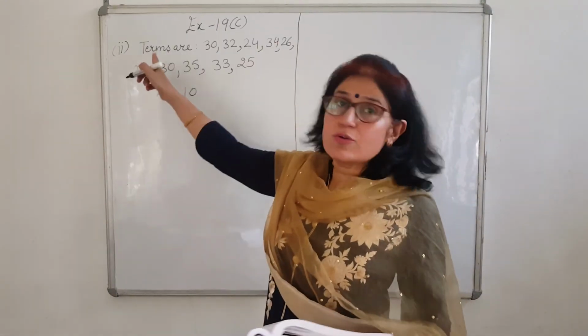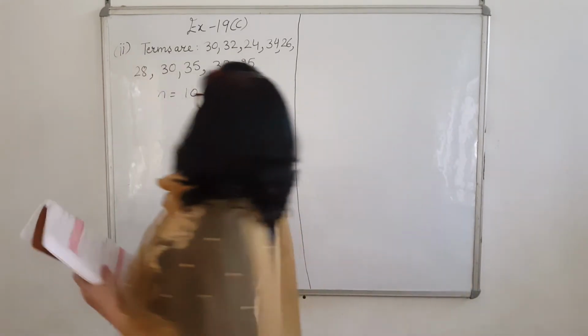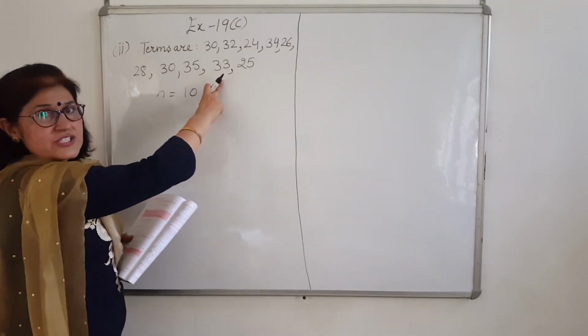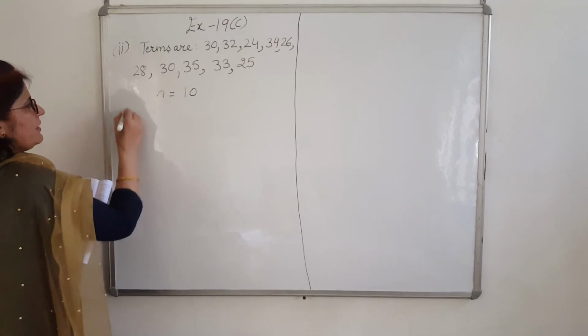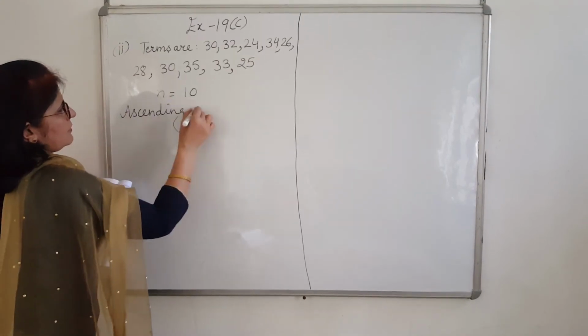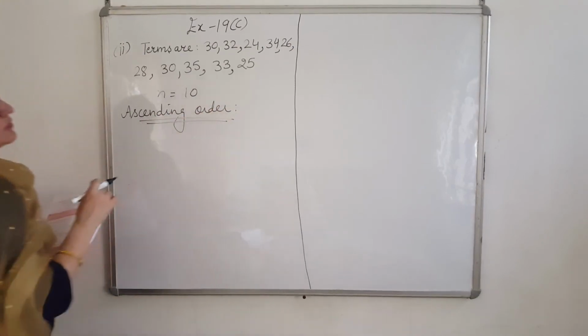Now, the second part of the same question. In this part, you have to find the median. So, these terms are given. Here n is 10, but they are not arranged in any order. First of all, what we will do? We will arrange them in ascending order. When we take their ascending order, what we will get?